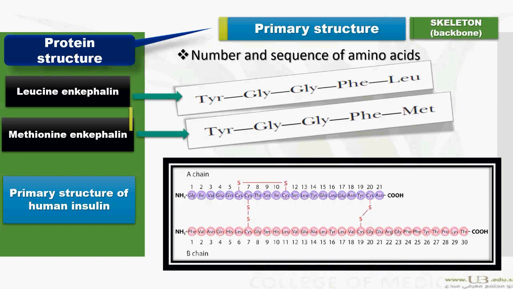These sulfur bridges can be between two different chains or within the same chain after folding. You can imagine this as one single polypeptide chain that continues up to the end of the carboxyl group and has been turned around, like folded around.